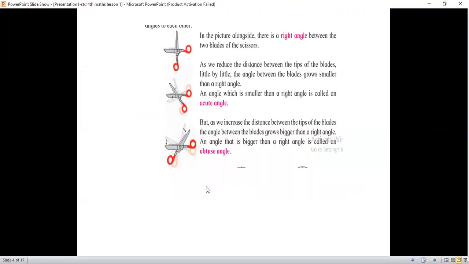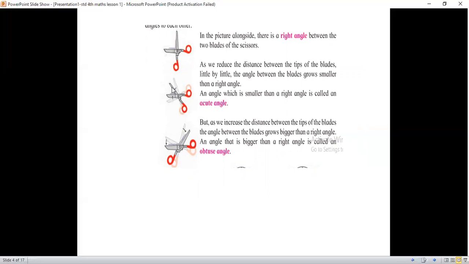Now the other angles. Here, through the picture of a scissor, they have shown the right angle, acute angle and the obtuse angle. When you hold this scissor in this position, it is called a right angle.